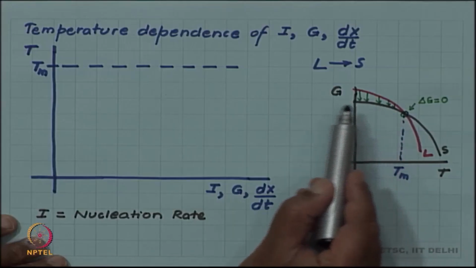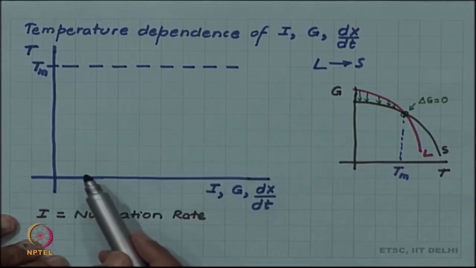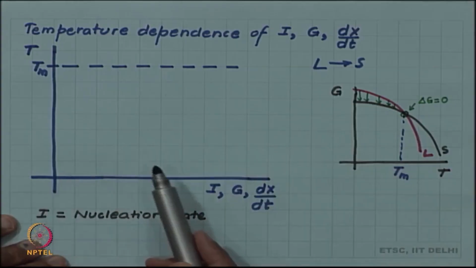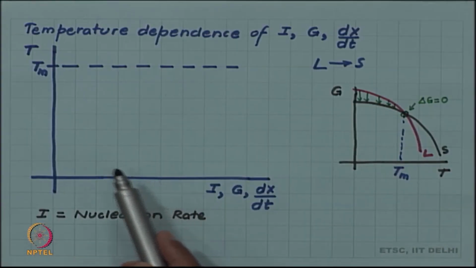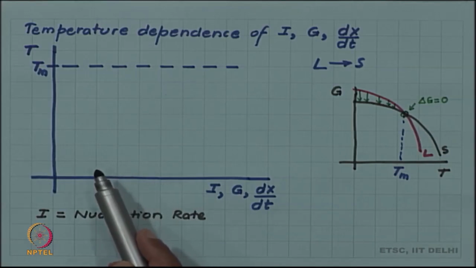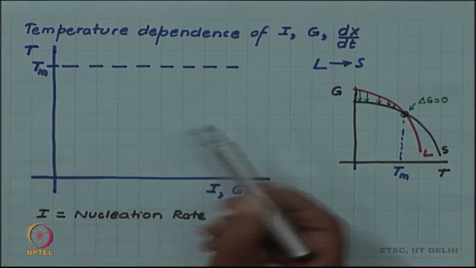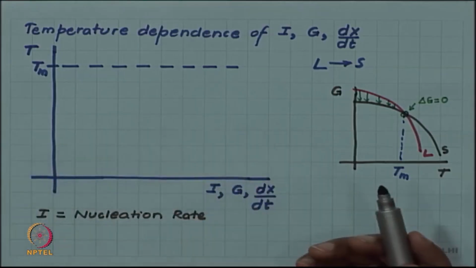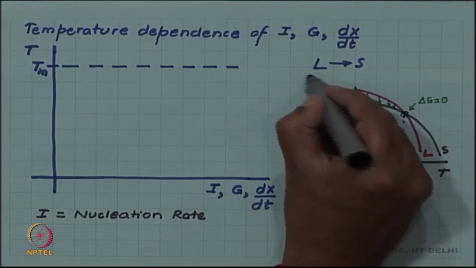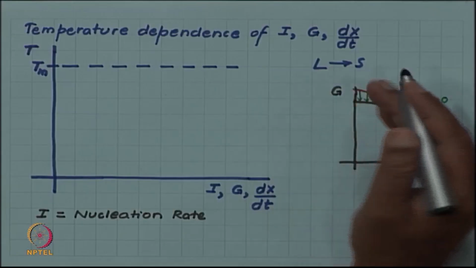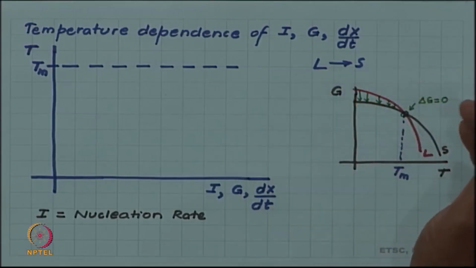The other factor for nucleation is the atomic mobility. Because nucleation event requires formation of a new phase, which means atoms have to rearrange themselves into a new organization. So, for example, liquid is a disordered phase and solid has a nice unit cell. So, it is a periodic organized structure.